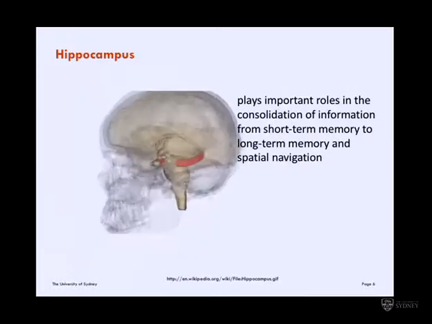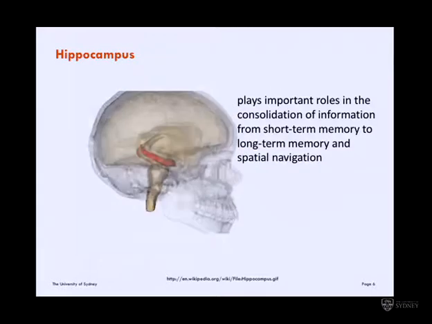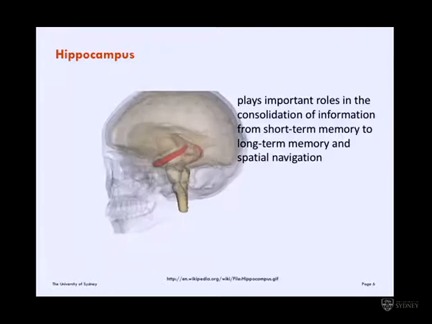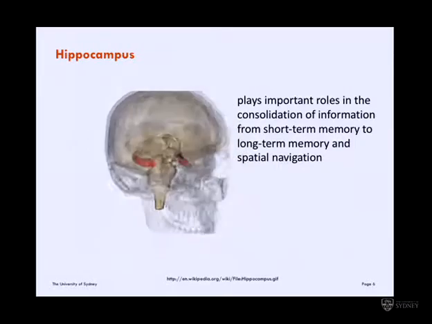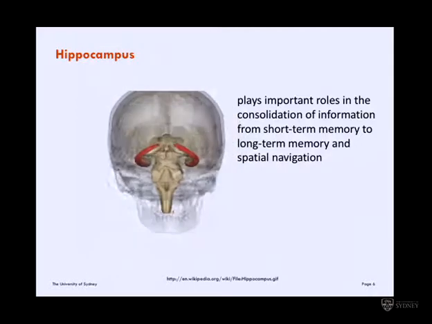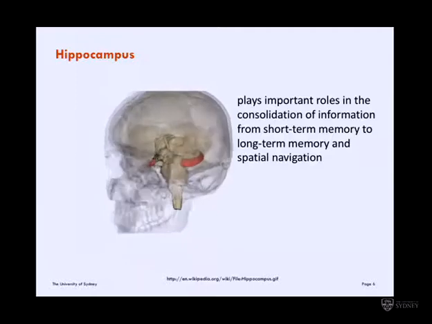But unfortunately, structures such as the hippocampus are the first that are affected in diseases such as Alzheimer's disease. It starts in the hippocampal region, so the first sign of Alzheimer's or dementia is usually the loss of memory. People start losing memory, and then their loved ones go, oh, this is not good, let's go get it checked out.